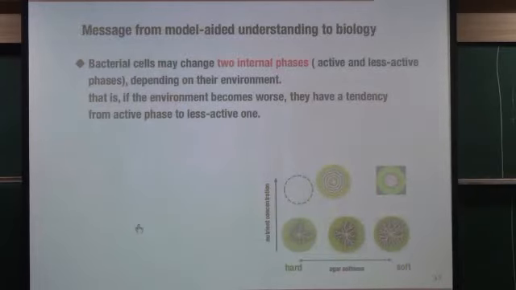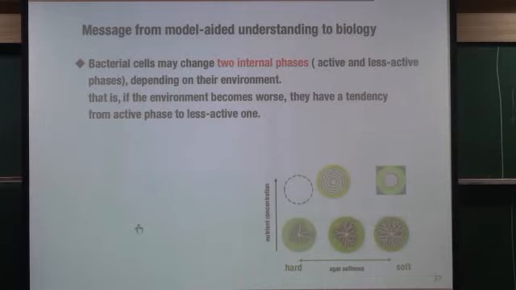And then I can tell you the following message from the model-aided understanding to biology, or let's say, a message from the applied mathematician to the biologist, okay? In our model, we introduced two internal phases.